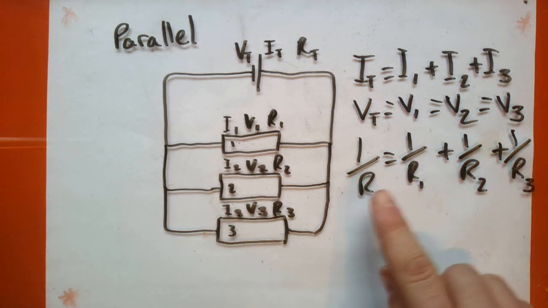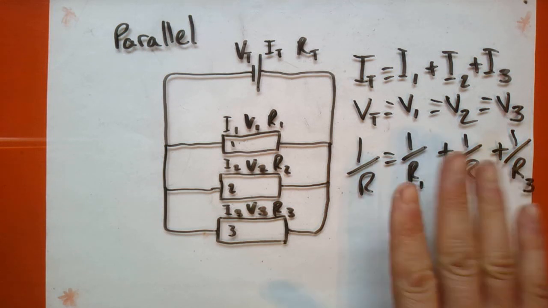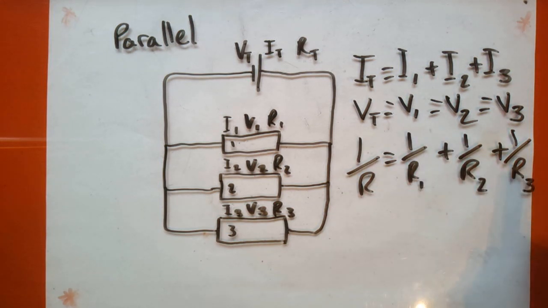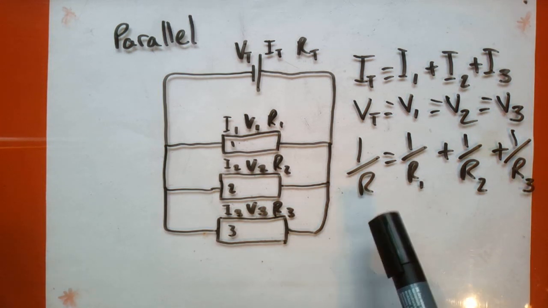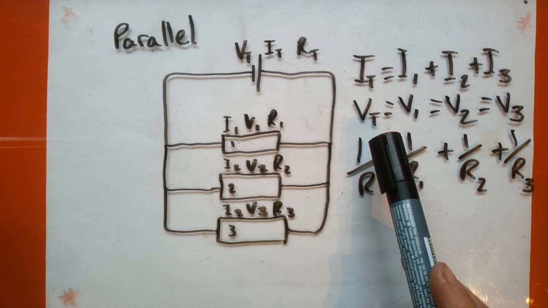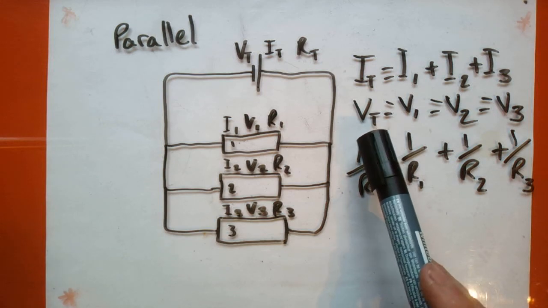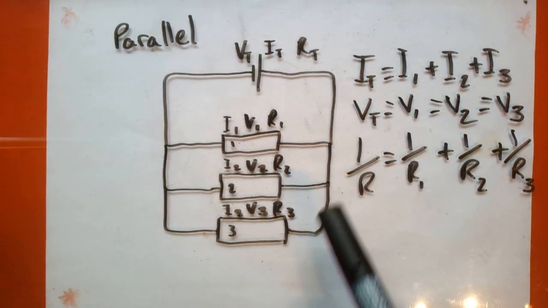We could use this for just our first and second resistor, but we've got a third resistor in our circuit, so we're going to use that. This is how we calculate the resistance, the voltage, the potential difference, and the current of a parallel circuit.